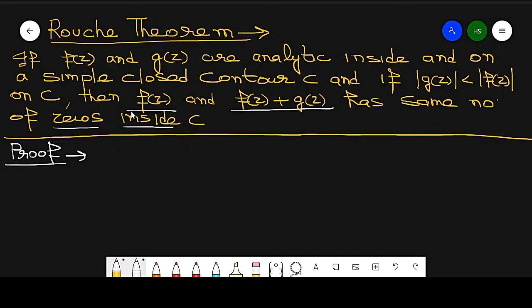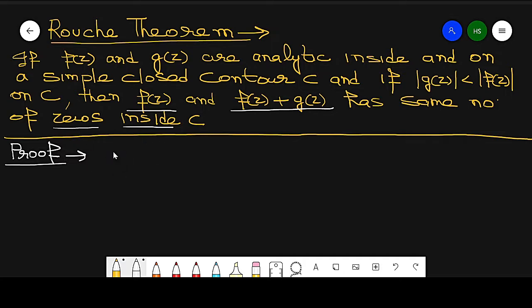Now in the given part, the functions f(z) and g(z) are analytic within and on C, and modulus of g(z) is less than modulus of f(z) on C. Then step number 1: neither f(z) nor f(z) plus g(z) has 0 on C.